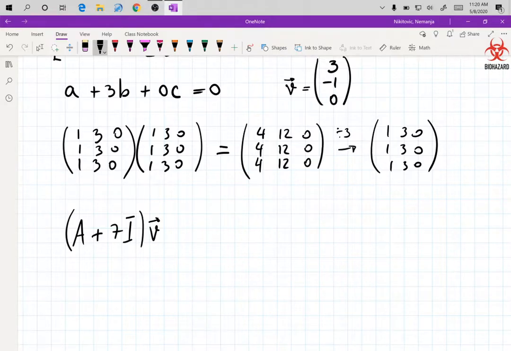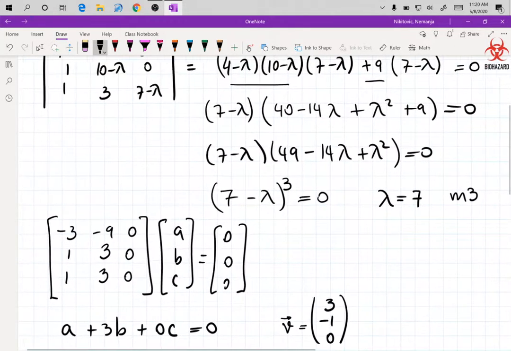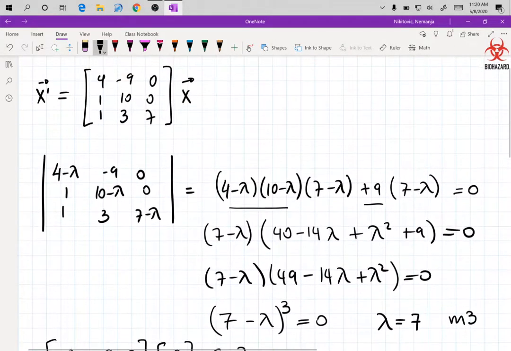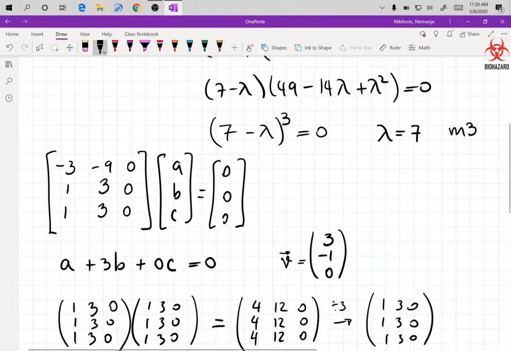The problem is too long. On your exam you can expect a 2 by 2 matrix. This would take literally another 20 minutes to solve. Well, not 20 minutes, but a problem like this with a triple eigenvalue, when they're defective and you have to find it, is way too long.